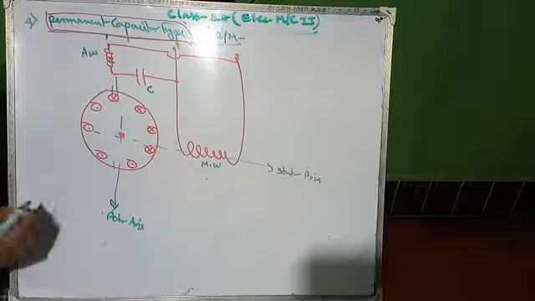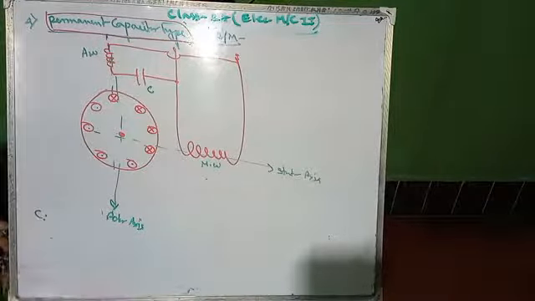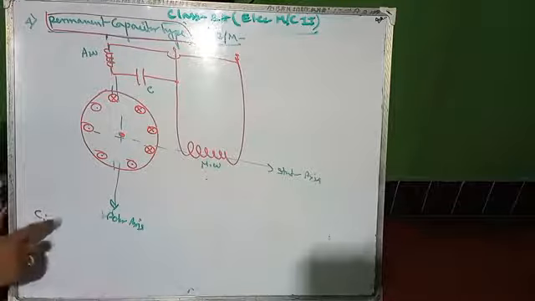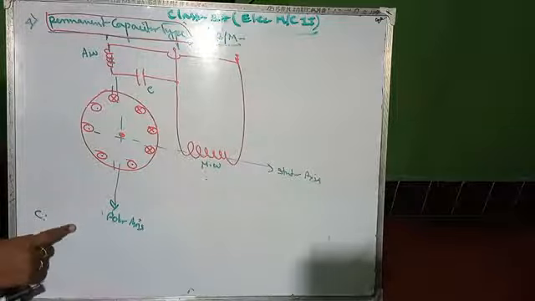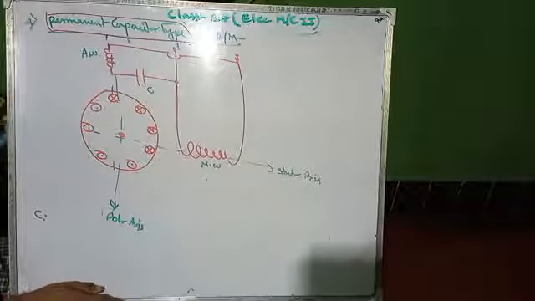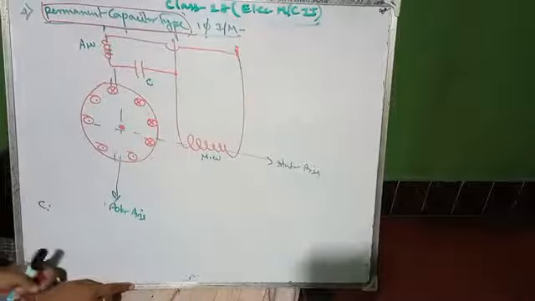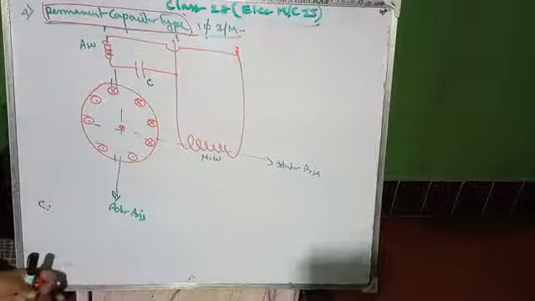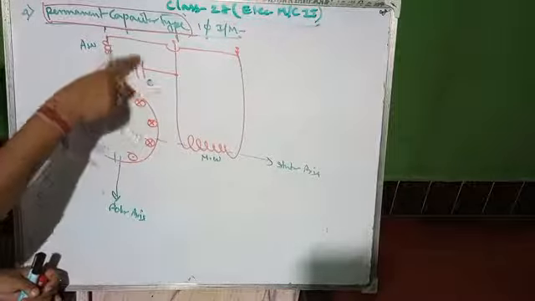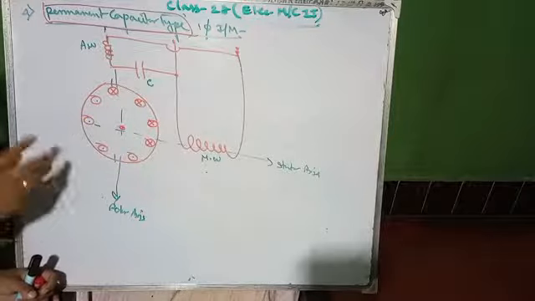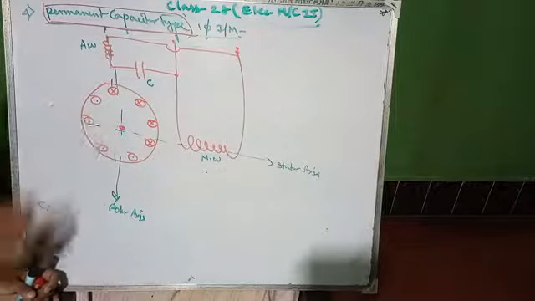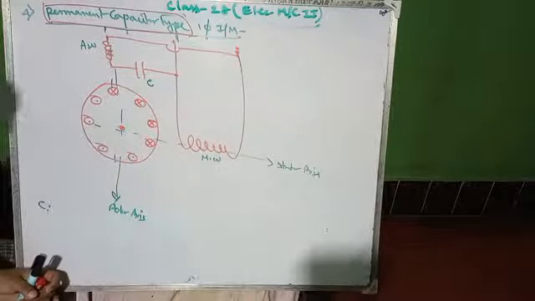This is capacitor C. Capacitor C must have high thermal stability. This capacitor is either an oil filled capacitor or a paper capacitor, because it must have high thermal stability.